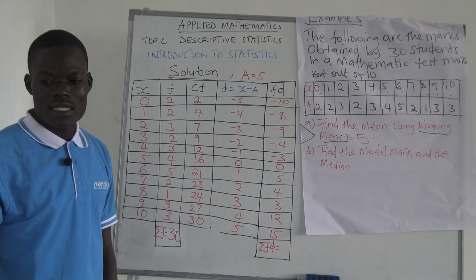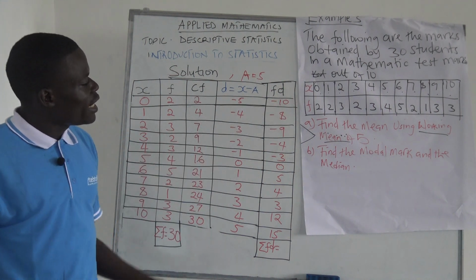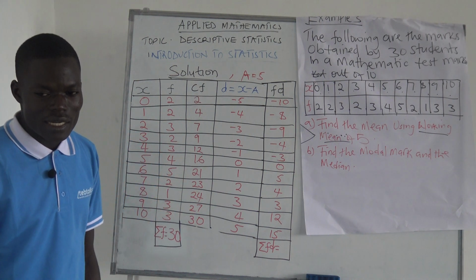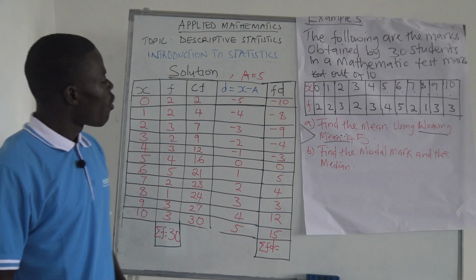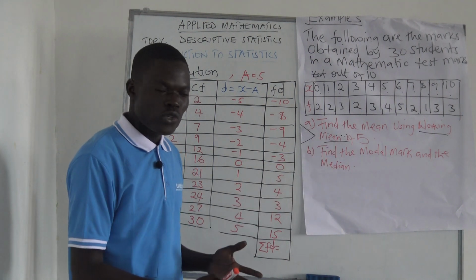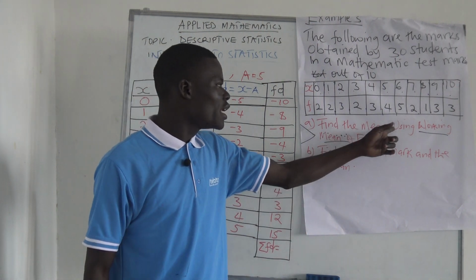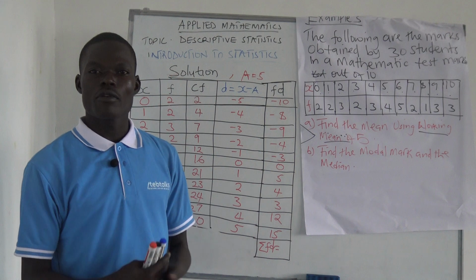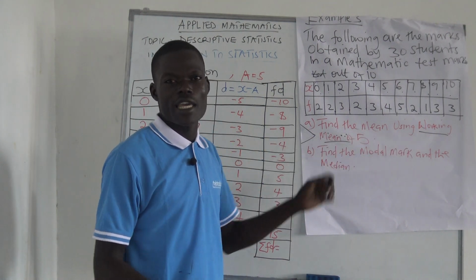So we say the first step is to identify what they want. If you get what they want, then identify what you need to put such that you get what they want. For example, they need mean. Mean we know is given by summation of fx out of summation of f. But for this case, they need mean using working mean.